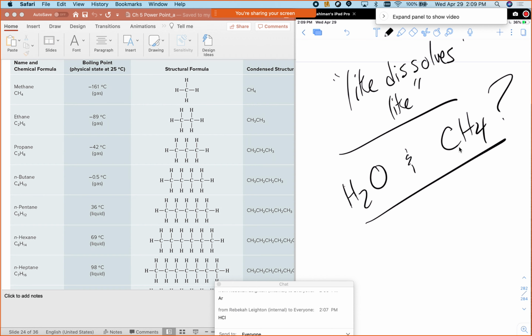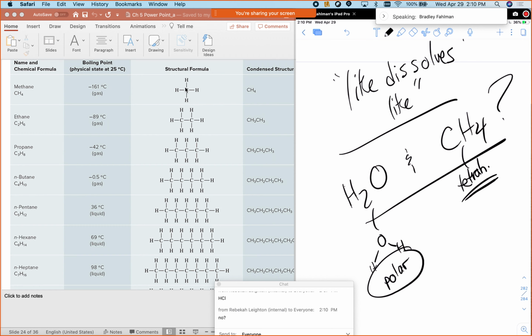Water is bent, and that means it's polar. Methane is tetrahedral, and if you look up here, you can see that all of these cancel.